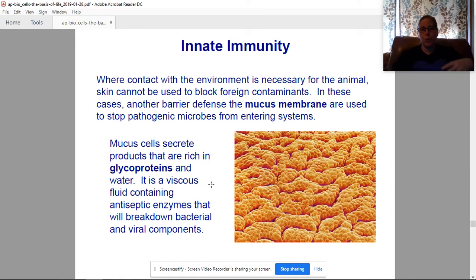So the reason why the mucus is in those areas is because the body has those openings for various reasons, for food, for air, whatever. And then the mucus helps trap any bacteria that has gotten in and then breaks it down. And then your body will rinse it away in some way, shape, or form.